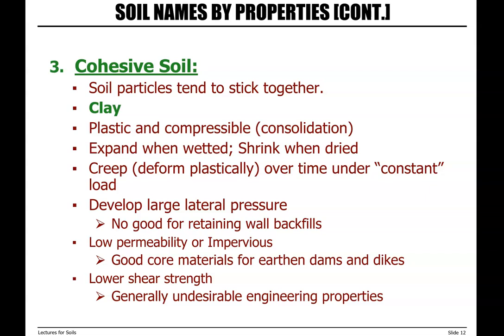It's compressible. We will have consolidation in clay. And the main characteristic of clay is that it expands when it's exposed to moisture, and then it shrinks when the moisture is removed.